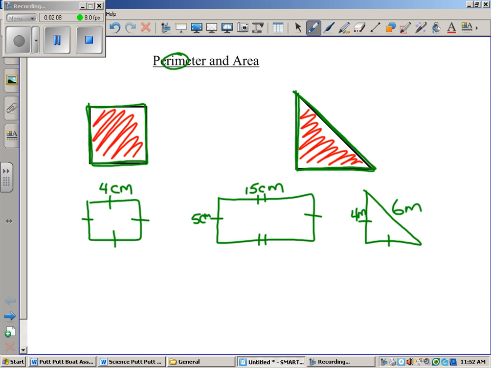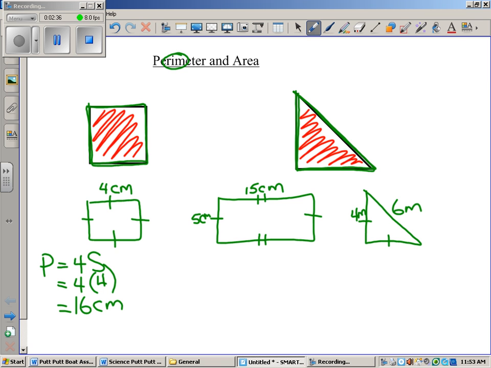So if we are doing the perimeter of these shapes, there are many different ways to do it. For a square, the best one is perimeter equals 4s, which is 4 times the side. Since all 4 sides are the same, you substitute the value of one of the sides, which just happened to be 4, and the perimeter of this would be 16 centimeters.